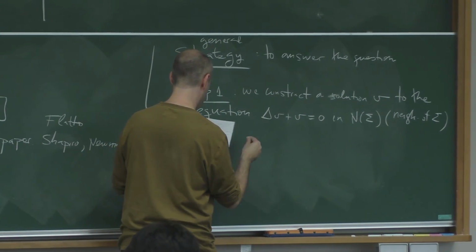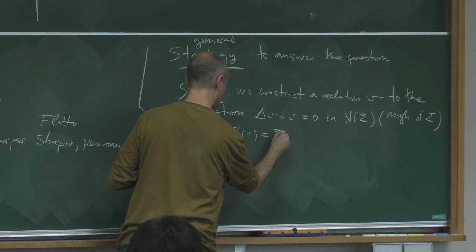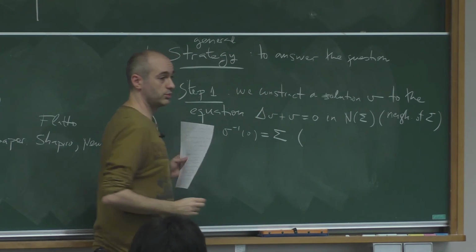So such that V inverse of 0 is precisely sigma.